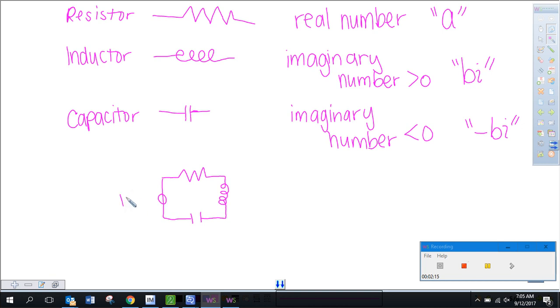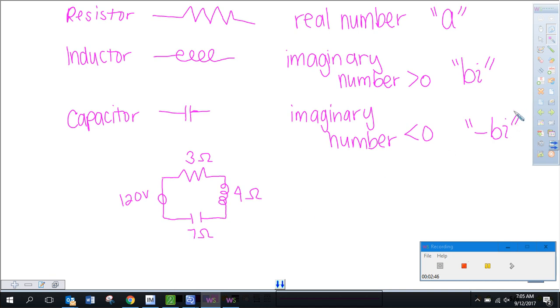I'm getting 120 volt AC power. Okay, this is going to be characterized by 3 ohms. Ohms is our measure for impedance in electrical flow. This one is 4 ohms, and this one is going to be 7 ohms.